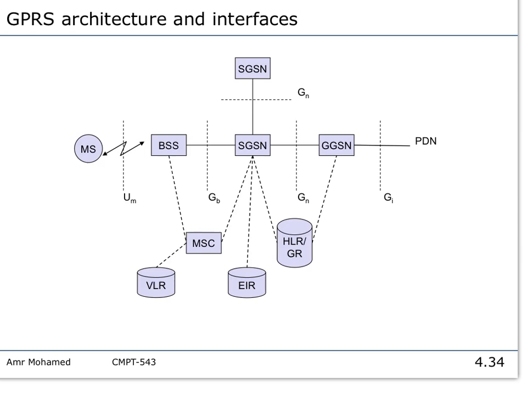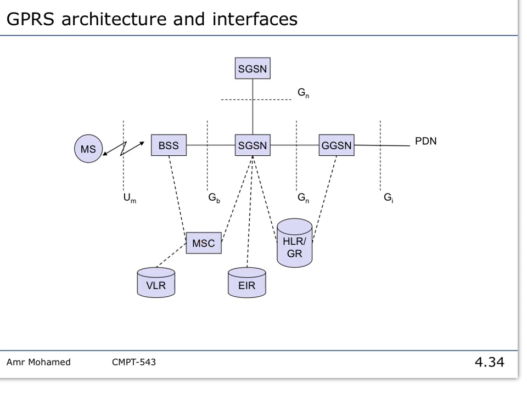And there is integration between the two types of services, whether circuit switching or packet switching. With the introduction of packet switching services that comes with GPRS, they had to define new interfaces like this Gb interface, which corresponds to the Abis interface, and this Gn interface, which corresponds to the A interface, and so on. So this one, for example, corresponds to the MSC.